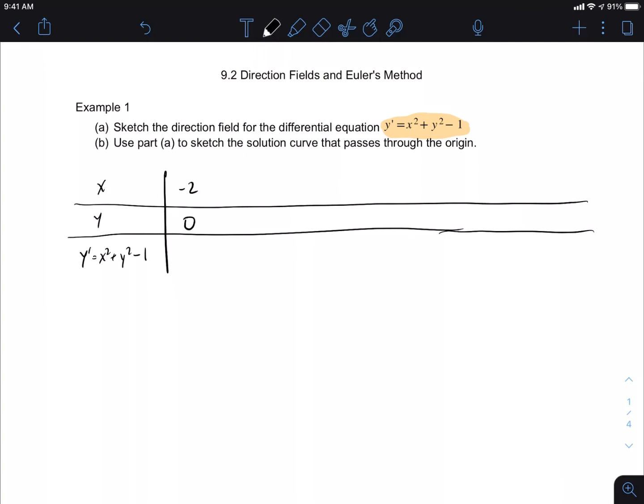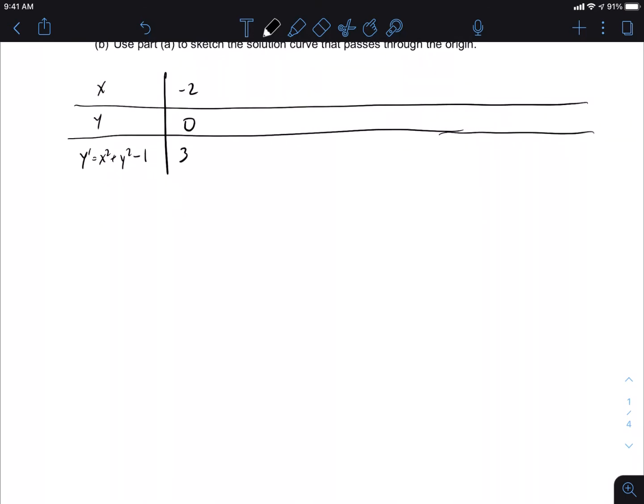Well, isn't that -2 squared plus 0 minus 1? Doesn't that give me 4 minus 1? Which tells me that the slope at -2, 0, I'll do it for you guys, the slope is going to be 3.